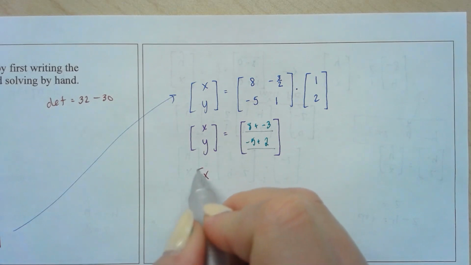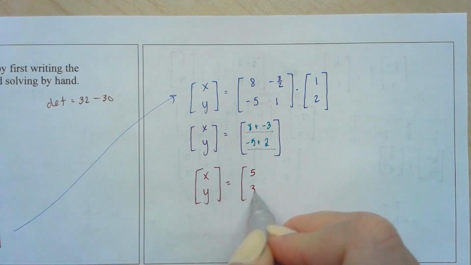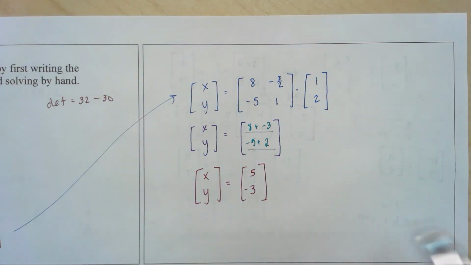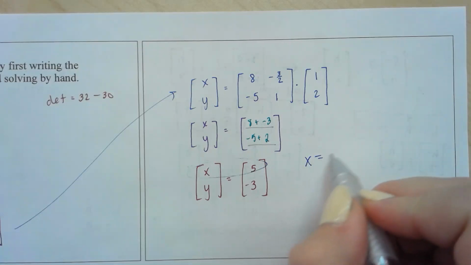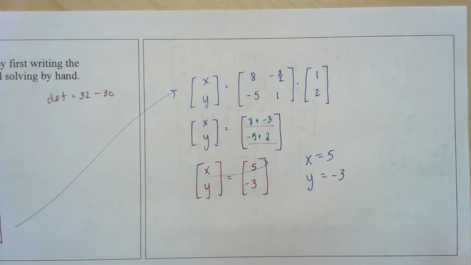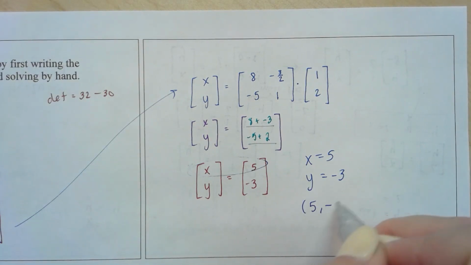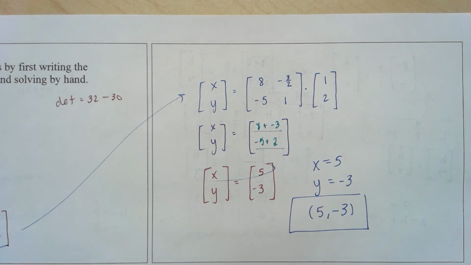And so I've got [x, y] equals [5, negative 3], which means x equals 5 and y equals negative 3. So my solution to the system is the point (5, negative 3).